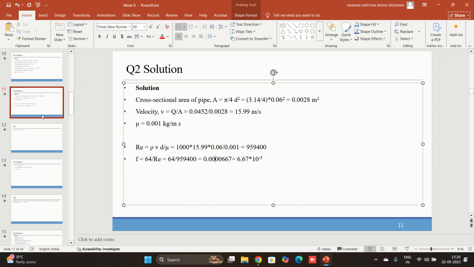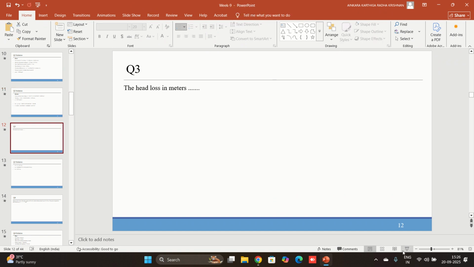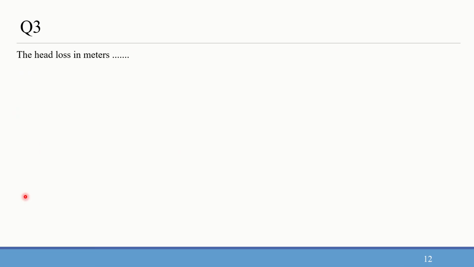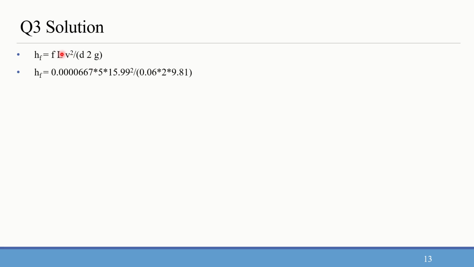Right, yeah. So now we will go to question 3 actually. In question 3, what is asked? Head loss in meters. So we need to find HF. HF is given by F L V square by D 2 G. So in this we need to substitute everything. So F we calculated as 6.67 into 10 power minus 5. L is 5 meters and V is 15.99 square divided by D 2 G. So D is 0.06 meters, G is 9.81.